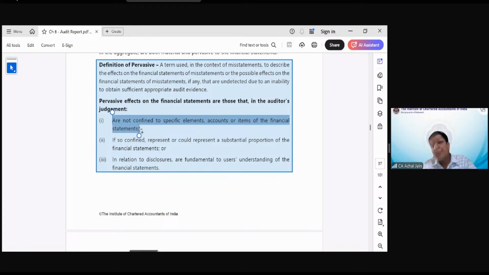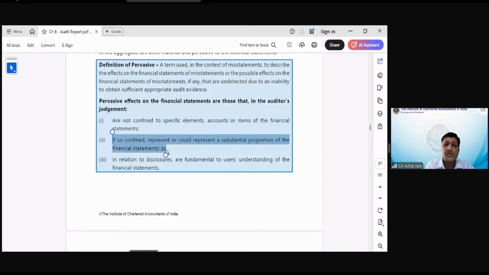It means they will flow and cover the entire set of financial statements. Number two, if they are confined to only some line items, then the proportion of such line items of the financial statements is so significant that effectively it will flow to the entire set of financial statements.